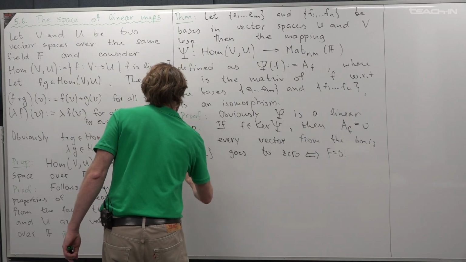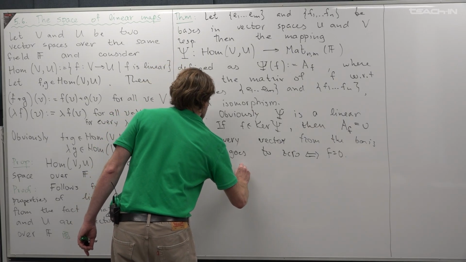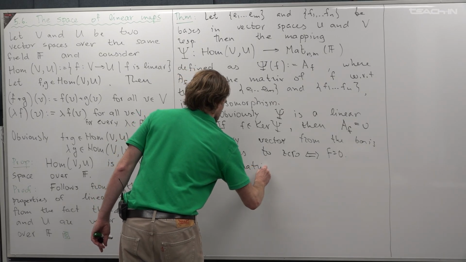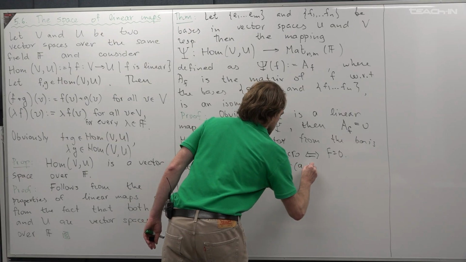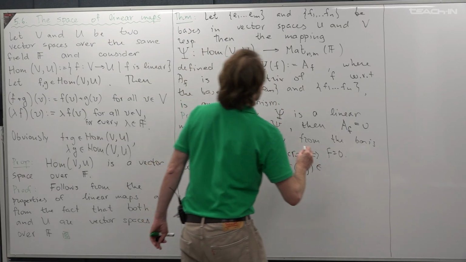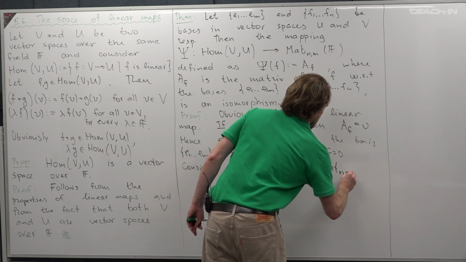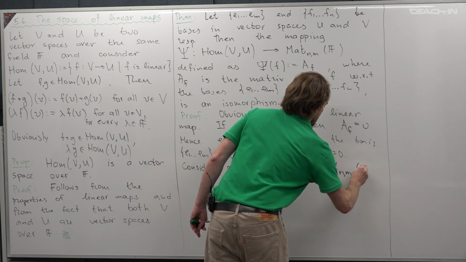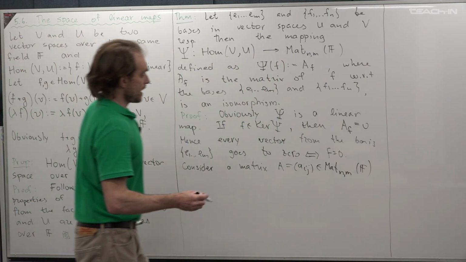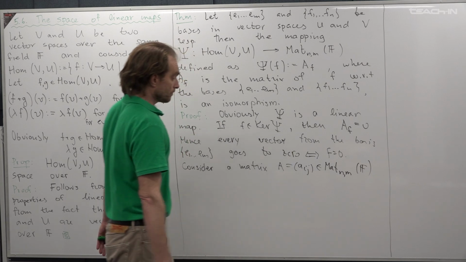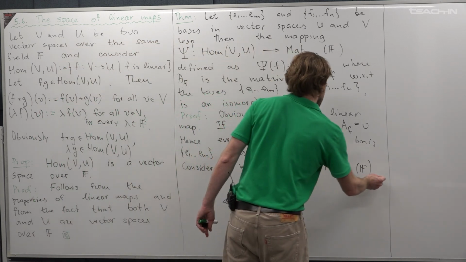So consider a matrix A with entries a_ij from the space of n by m matrices with entries from our field. And now I'm going to define the corresponding linear mapping.